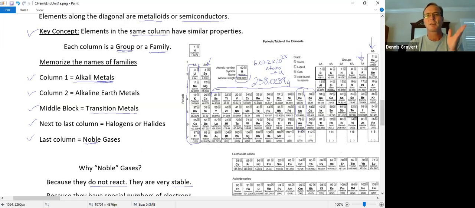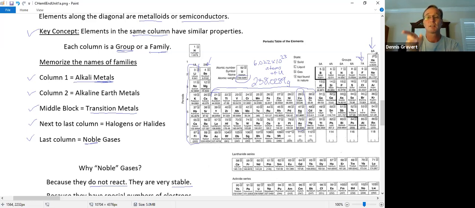What are they? Well, remember, atoms are made of electrons and protons, and nature likes stable, balanced things. So in a stable helium atom, helium is element number 2, so it has atomic number 2, which means 2 protons. And so to balance that, helium is going to have 2 electrons. So 2 is a magic number of electrons.